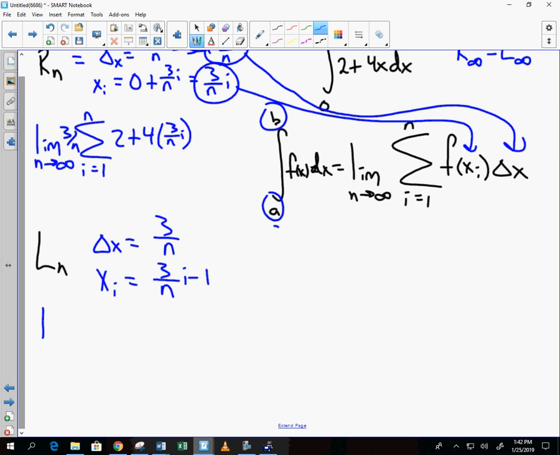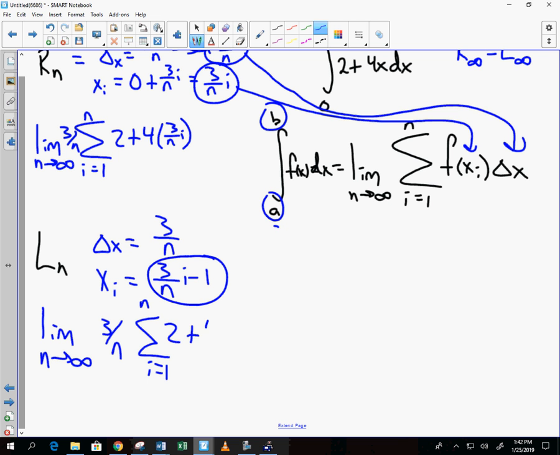So we have the limit as n goes to infinity of 3 over n times the sum from i equals 1 to n of, and we then plug this into our function, 2 plus 4 times 3 over n times i minus 1. Okay, and that's what we type in.